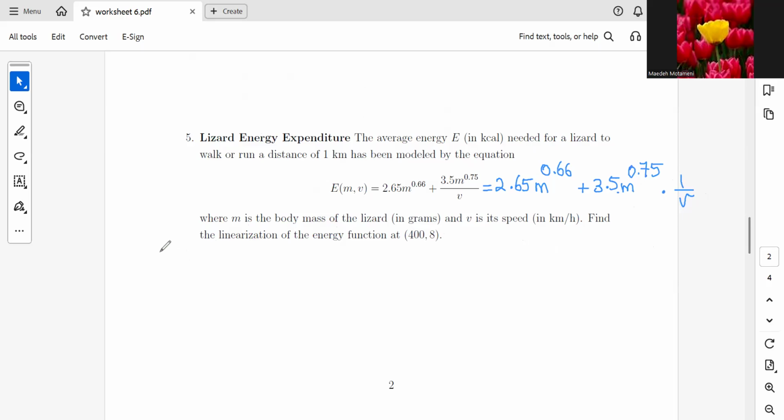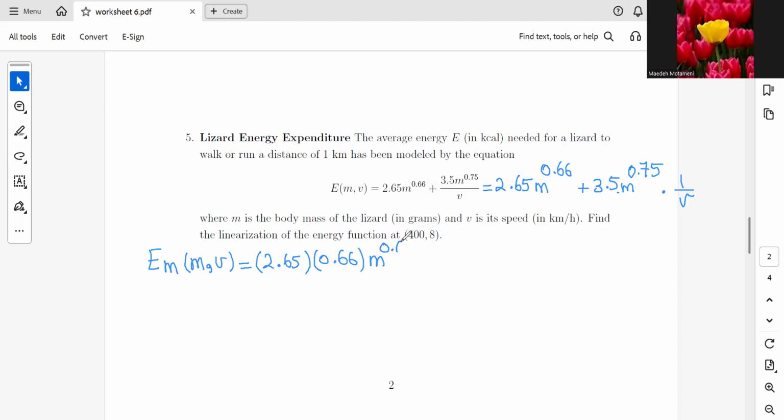So as the first step, in order to write the linearization, we're going to find the partial derivative with respect to one of the variables, which is m here, at the given point, which is 408 here. Following the formulas of derivative, the first part will be 2.65 as the coefficient times the power times the variable itself with the power less by 1.